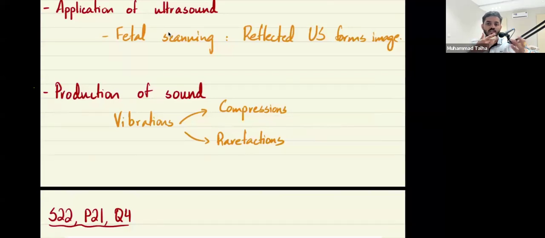Similarly, because these movements are alternating, rarefactions are places where the air particles are further apart, leading to a lower air pressure than the average value. Also, some people forget to say that these particles vibrate back and forth in the same direction as the movement of sound, because sound is a longitudinal wave.